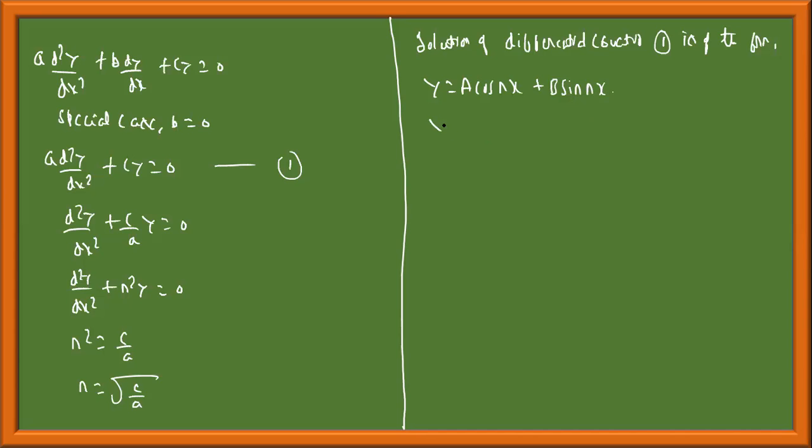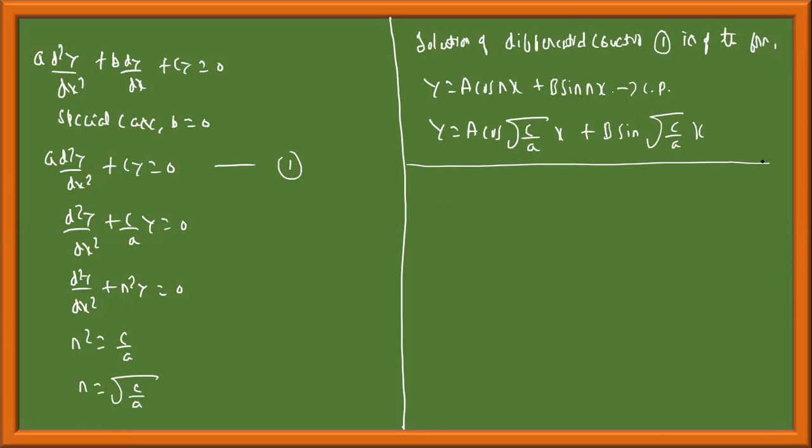I can write this as y = a cos(√(c/a) x) + b sin(√(c/a) x). This is the first type of differential equation, where only the complementary part comes into the picture. The second type of differential equation can be of the following format.